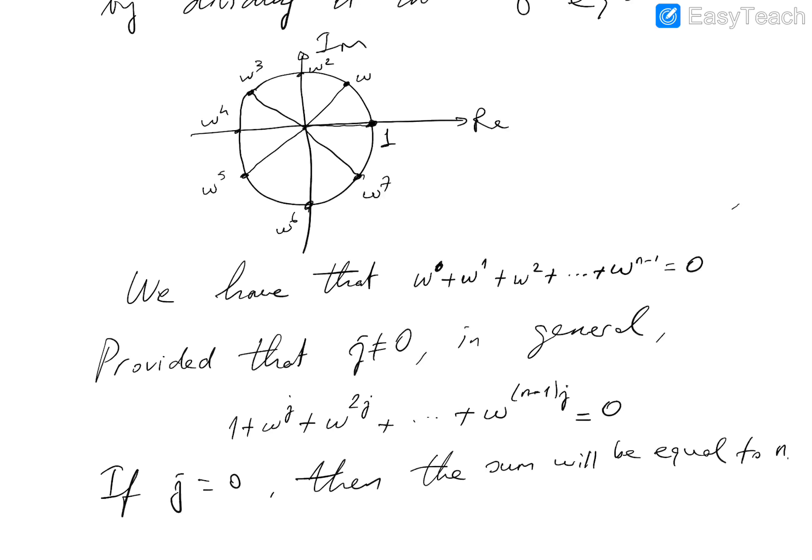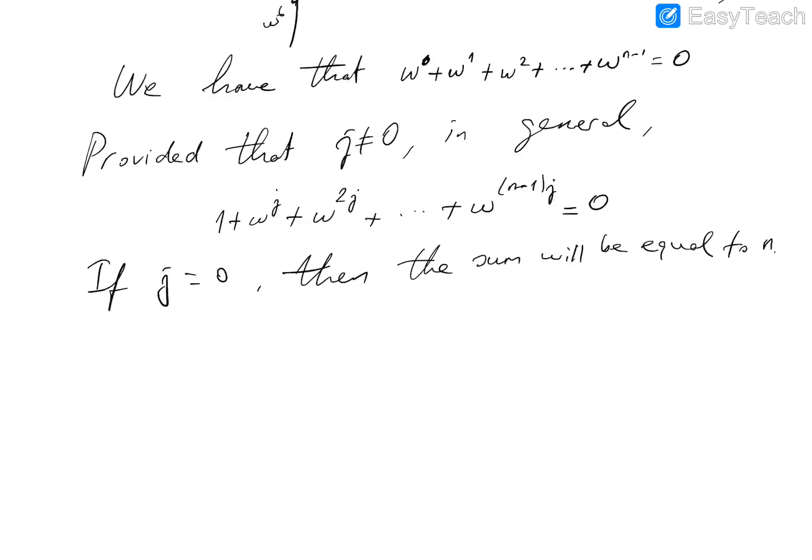Okay, another important notion is the conjugate of roots of unity. We know that the complex conjugate of a complex number is simply flipping the sign of the imaginary part.